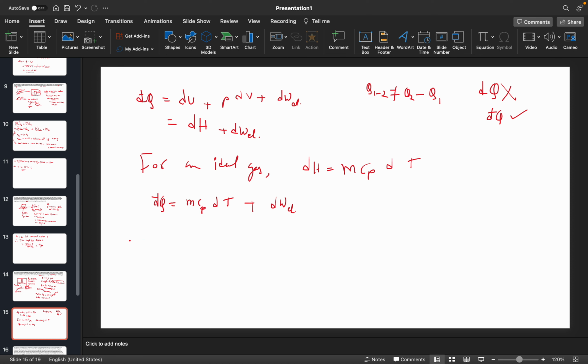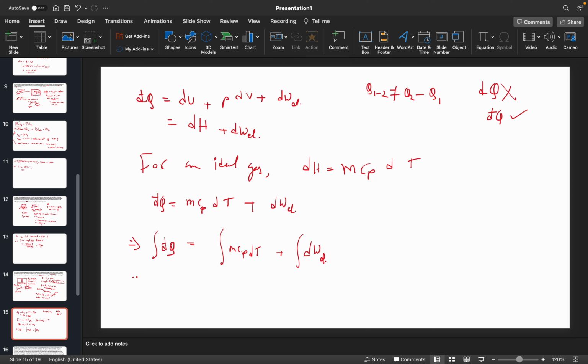Now we should just integrate it. The integration of dQ will be equal to the integration of m Cp dT plus the integration of dW_electrical.